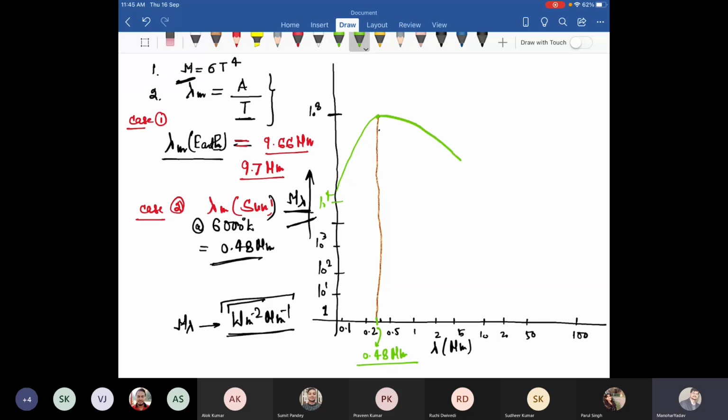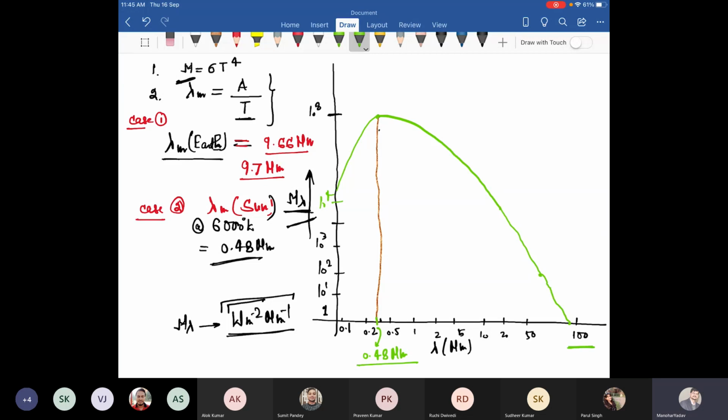And further, it means till 100 micrometer we can expect the M lambda value from Sun.